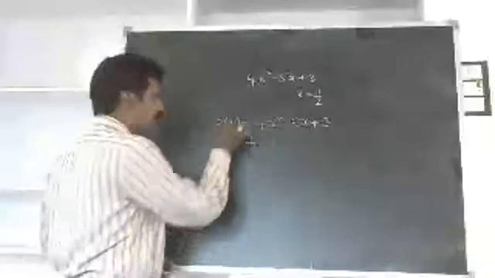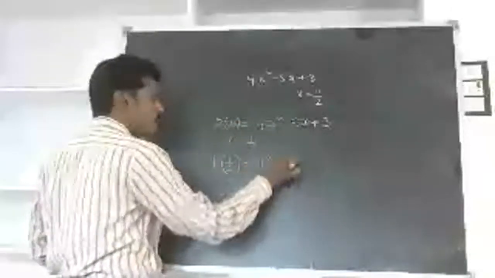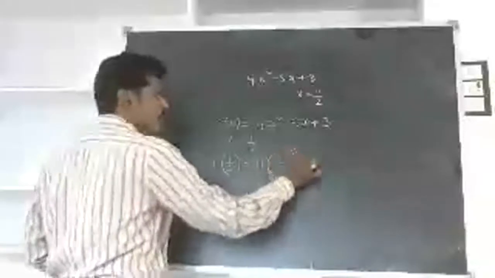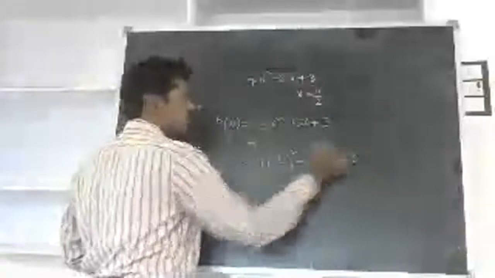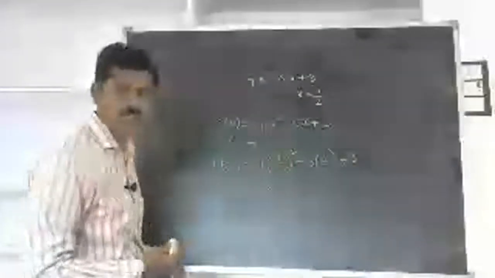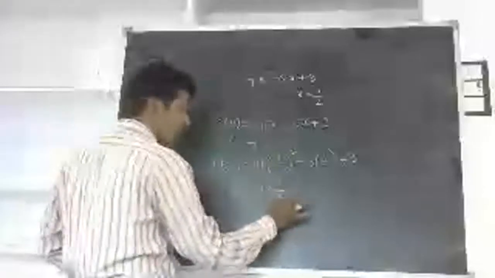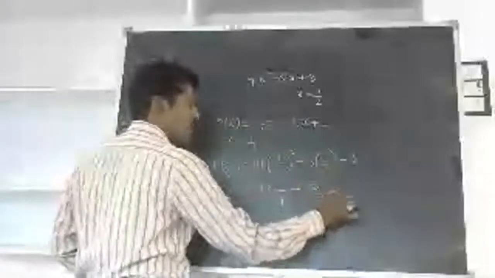So what you will get: p of 1 by 2 equals 4 into 1 by 2 whole square minus 5 into 1 by 2 plus 3. Then 4 into 1 by 2 whole square gives 1 by 4, minus 5 into 1 gives 5 by 2, plus 3.